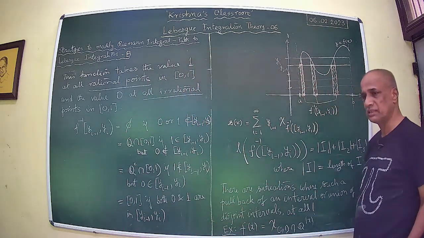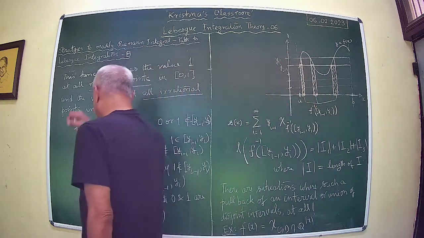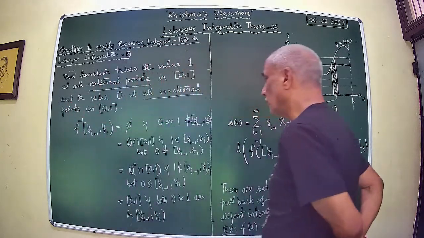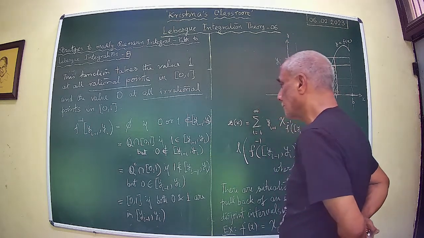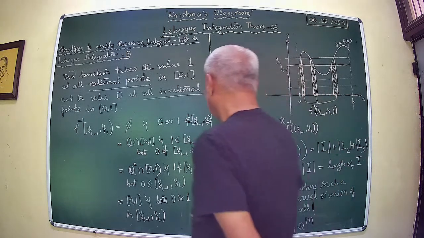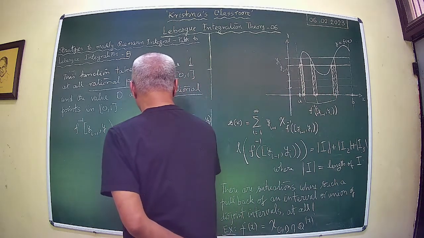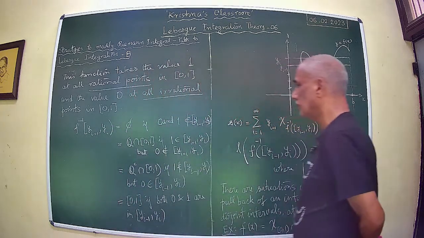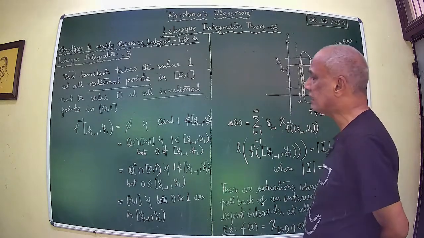You could have 4 situations. If the interval does not contain both 0 and 1, then it is empty.